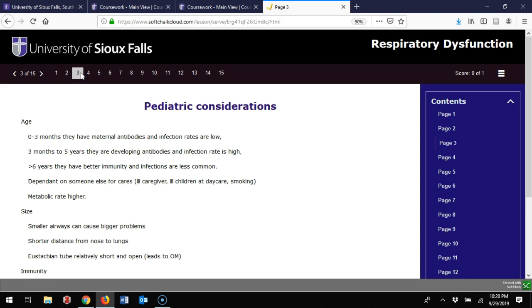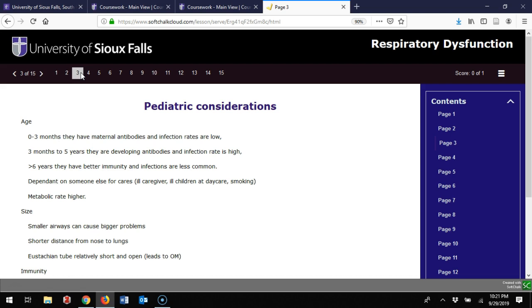Another consideration in pediatrics is that metabolic rate is higher. If you look at their respiratory rate, if you look at their cardiac rate, it is significantly higher than adults. They burn more calories comparatively for their size, and that gets them into trouble faster than in the adult world. Also, the size. They do have smaller airways. We're going to see that in the next slide.